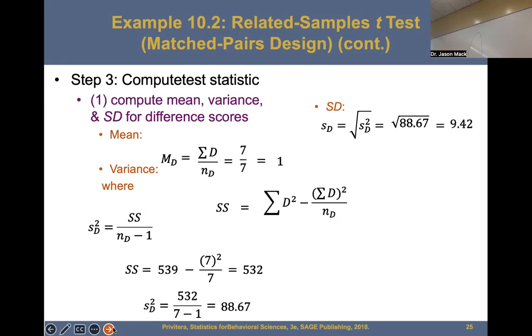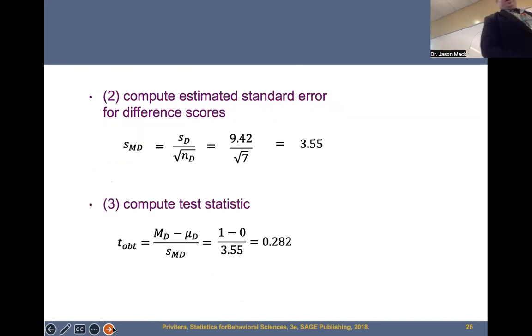Then the standard error, which is the standard deviation divided by the square root of n, the number of difference scores. 9.42 divided by the square root of 7 is 3.55. And then we compute the test statistic, the T obtained value: the sample mean difference minus the population mean difference of 0, over the standard error for the difference scores, 3.55, which is 0.282.